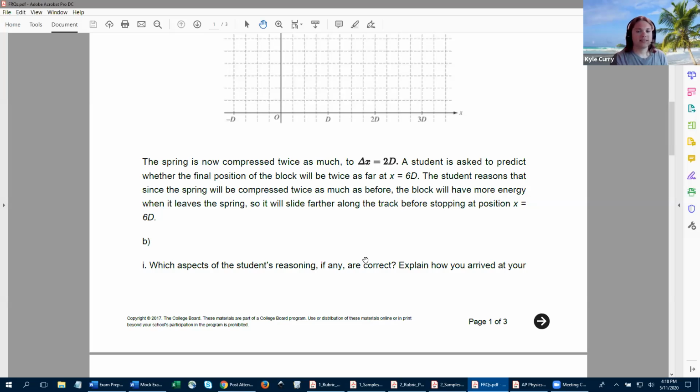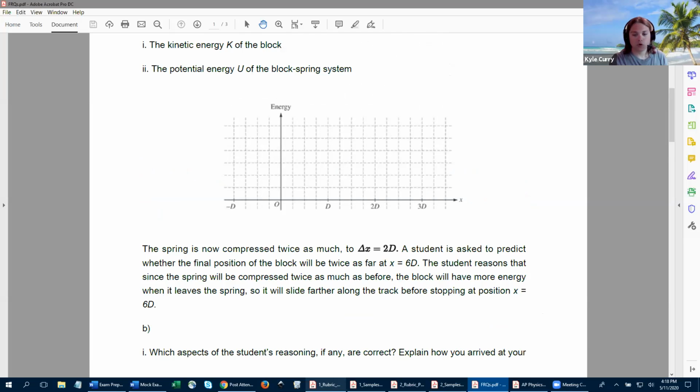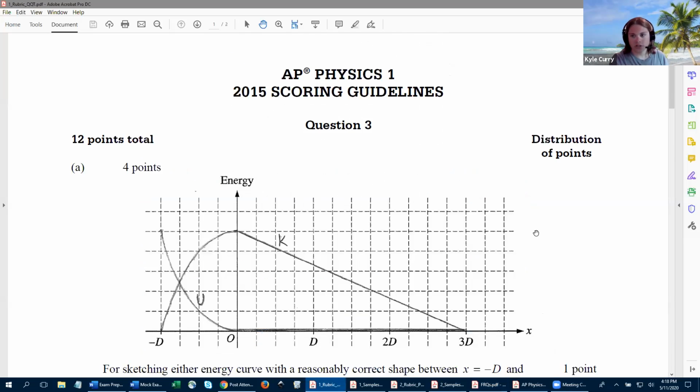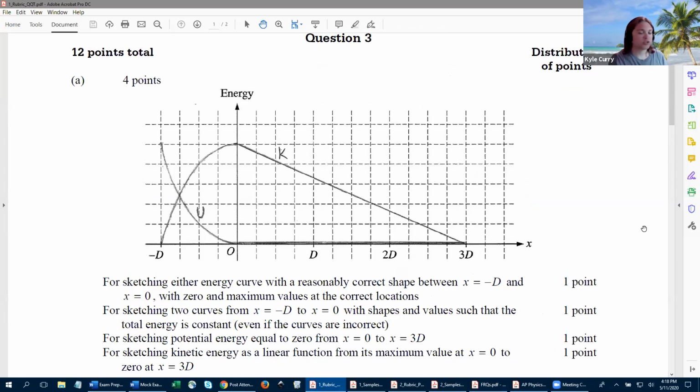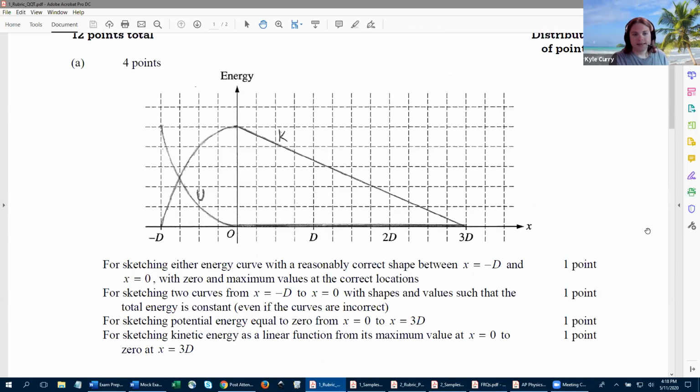Now, with that said, let's take a look at the rubric for this particular question so that you can get an idea of where the points came from. This was a 12-point question. One point is given for sketching either energy curve with a reasonably correct shape between x equals -d and x equals 0, with zero and maximum values at the correct locations.